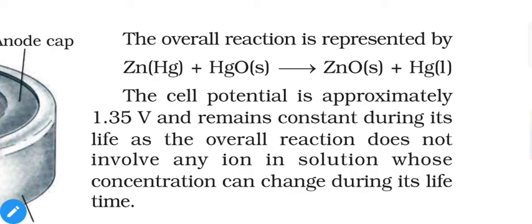But if no concentration changes are involved, as in this case where we have solids or paste forms of the reactants, we can consider them as solids, and no concentration change is considered for solids. That's why we use unity. So no change in concentration means no change in voltage.